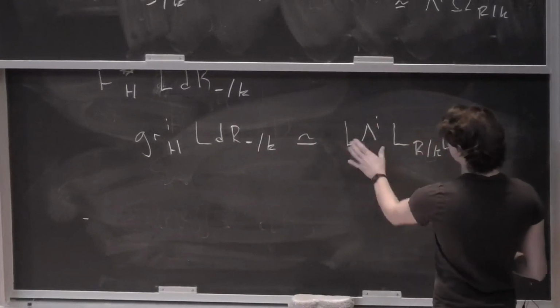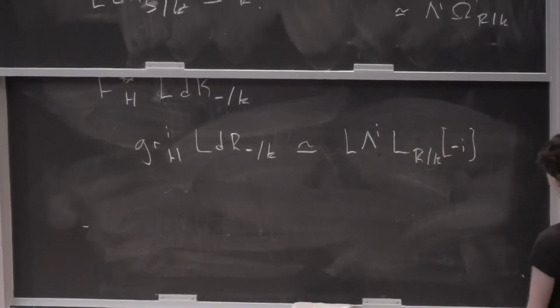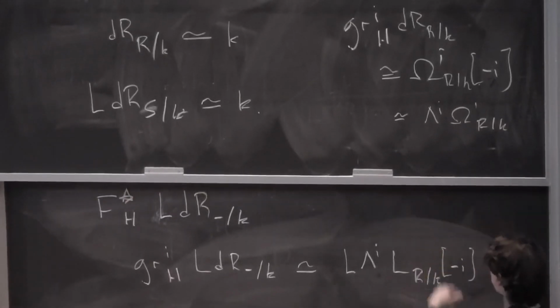And that gives you this derived exterior power of the cotangent complex.